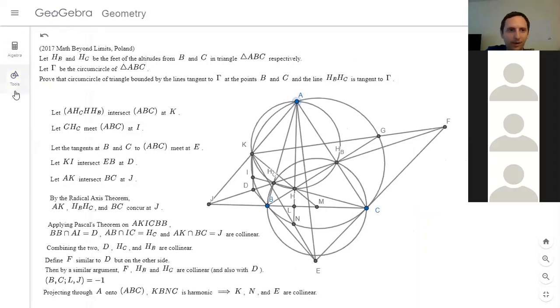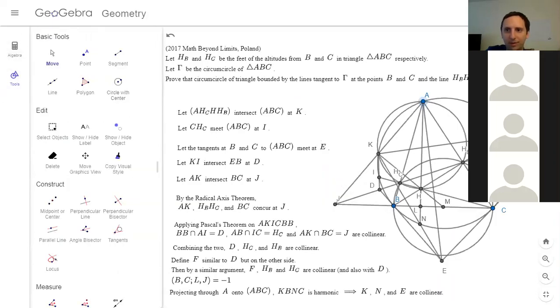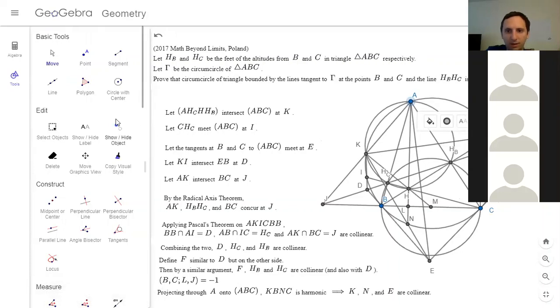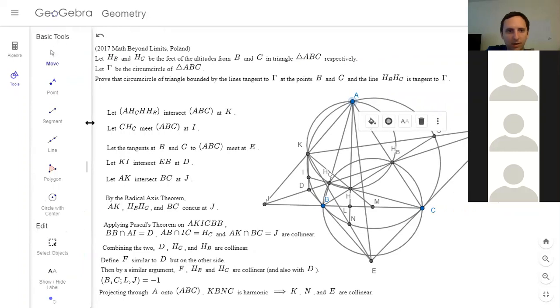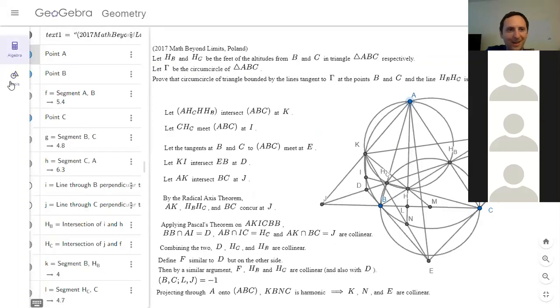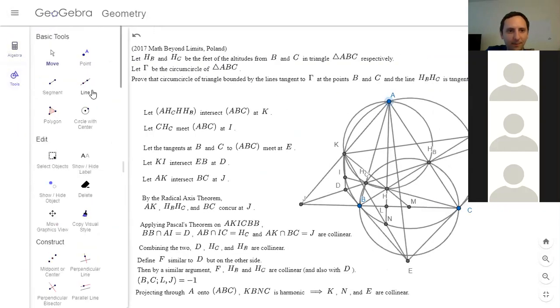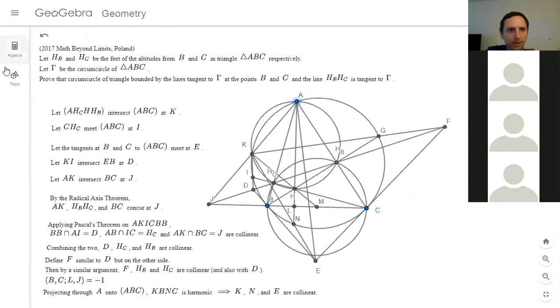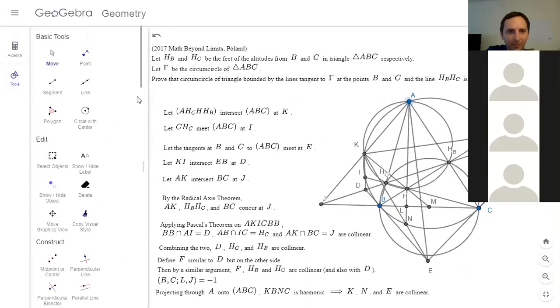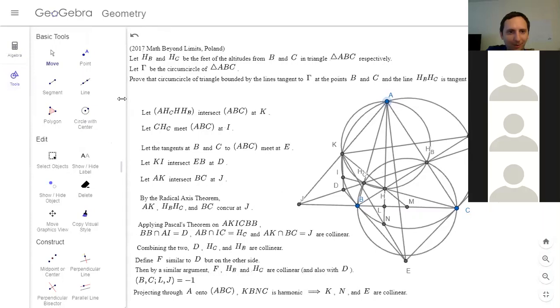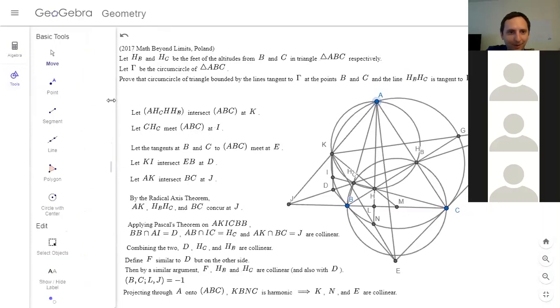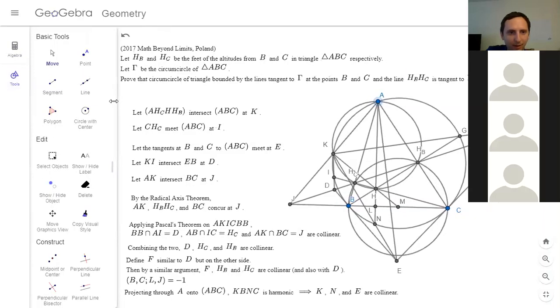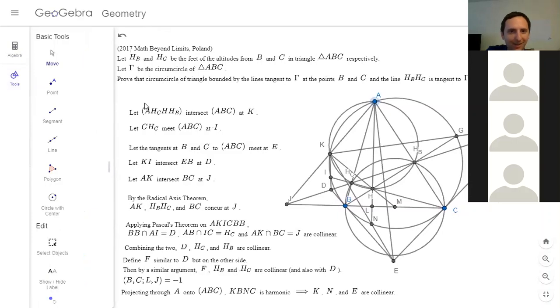I want to see point F. Whoops. No. The similarity, but it's an easy angle chase. Well, it won't let me show just one column, which is what I want to do. I think it's, there we go.